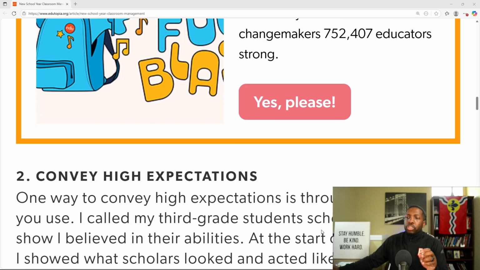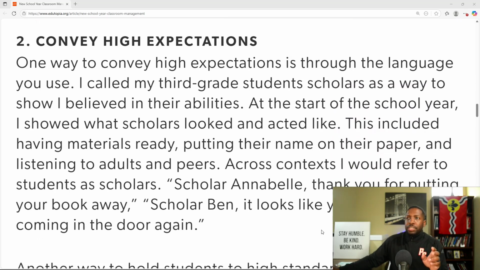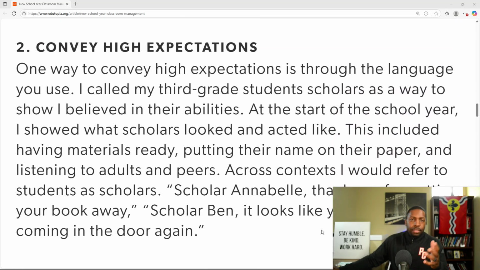All right, number 2, convey high expectations. This is obviously important because students need to understand. When students first enter a classroom, or when students are asked about a class, they're not answering that question as it relates to the content.